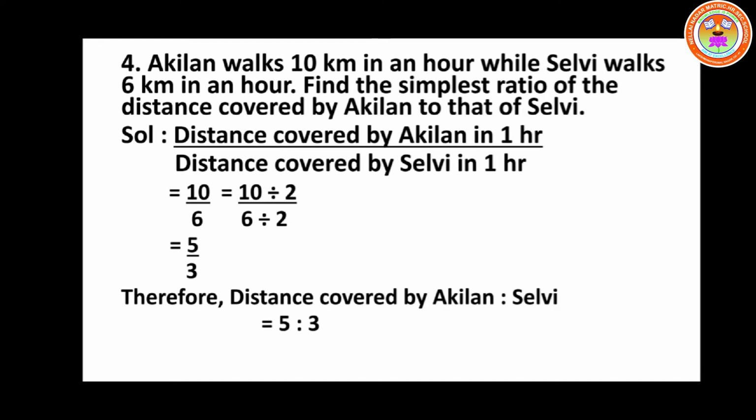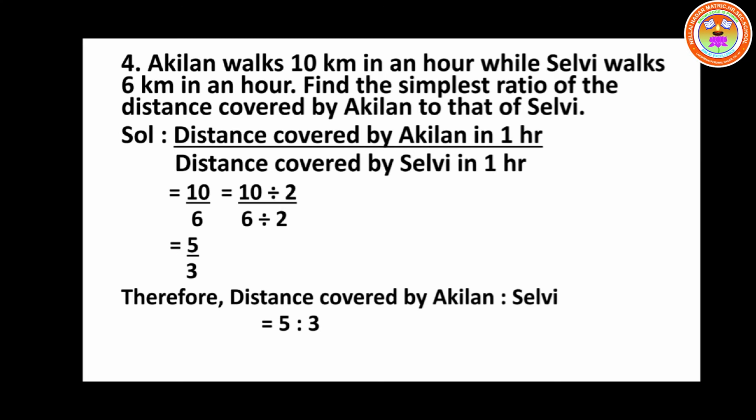Ratio can be expressed as is to, with the two dots, or divided by, or to that of. Here in this question it is expressed as to that of. It is the meaning of the ratio, the comparison of two things. Now they ask you to find the ratio between Akilan and Selvi.